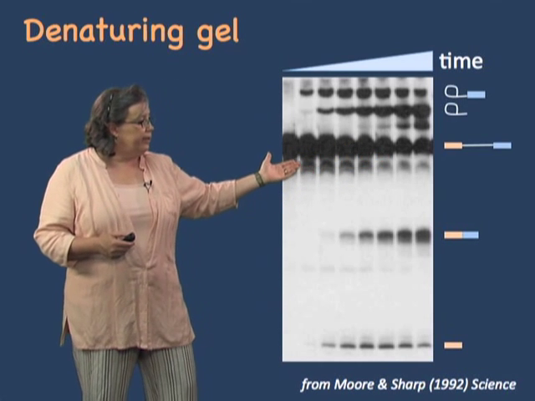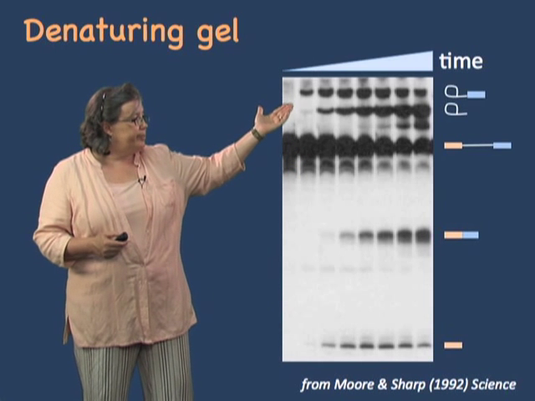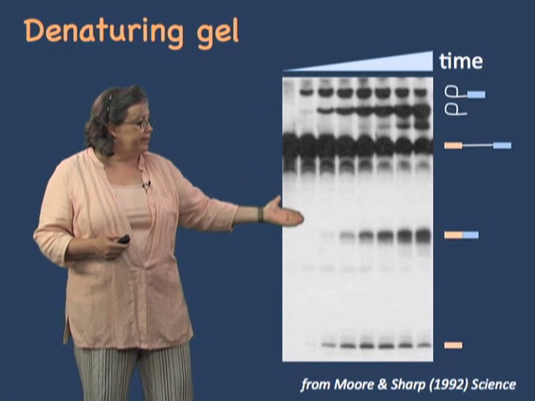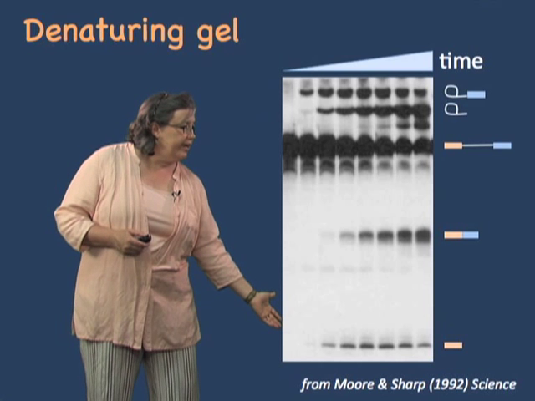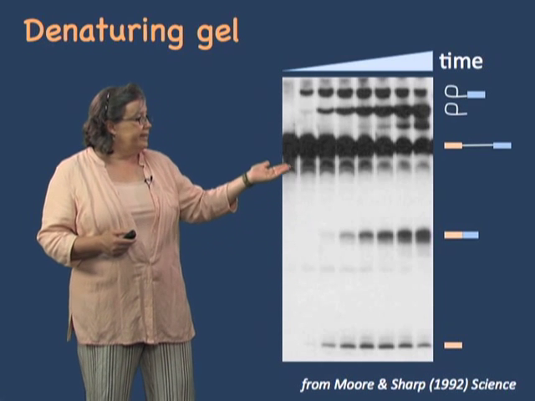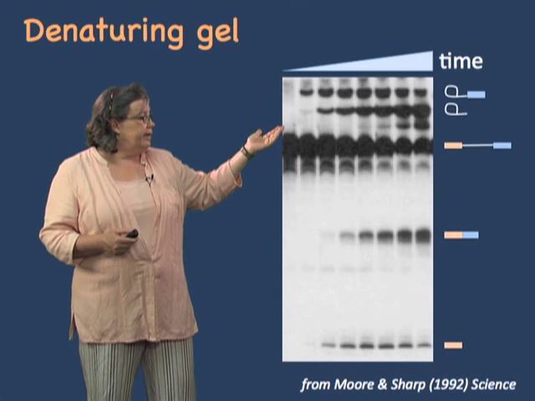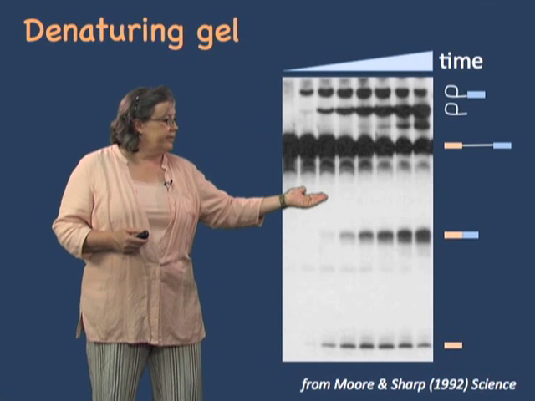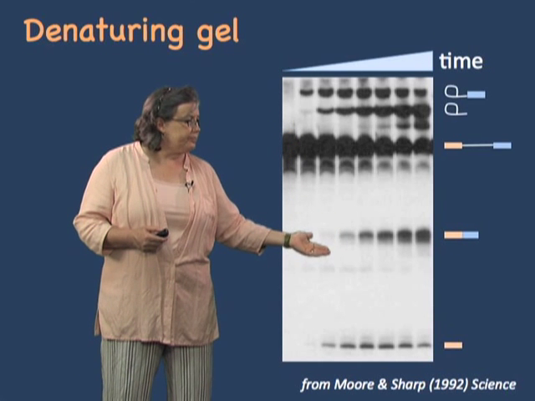At early time points, the two intermediates of splicing appear, the lariat intermediate and the 5' exon. Then at later time points, the lariat product, the intron product, and the spliced exon product appear.